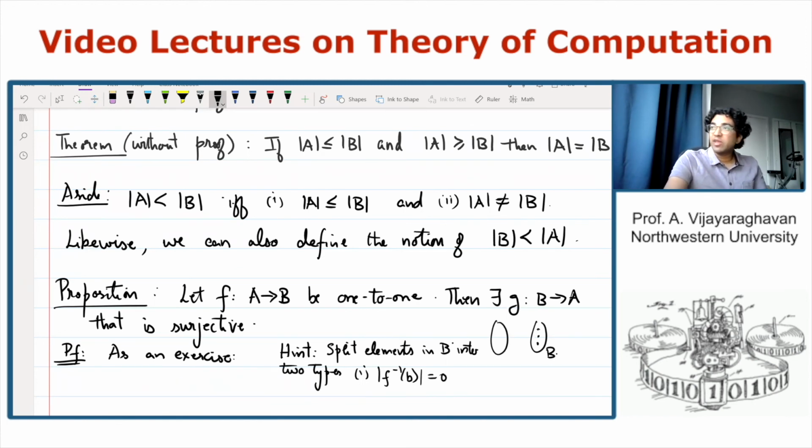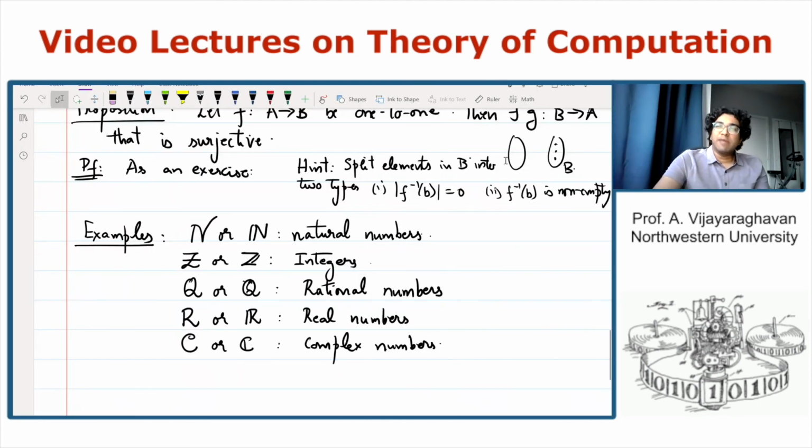So there is no pre-image for it. And those elements in B which have some pre-image. And then try to think about constructing a map G which associates different elements from A to B, depending on whether it's the first type or the second type. Okay, so this is just a fairly simple proof, so I'll leave it as an exercise. Good.